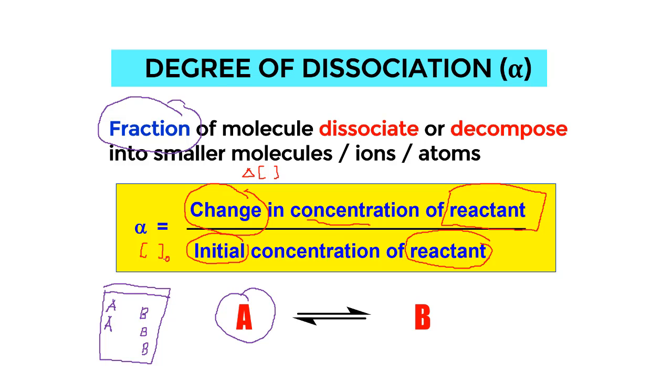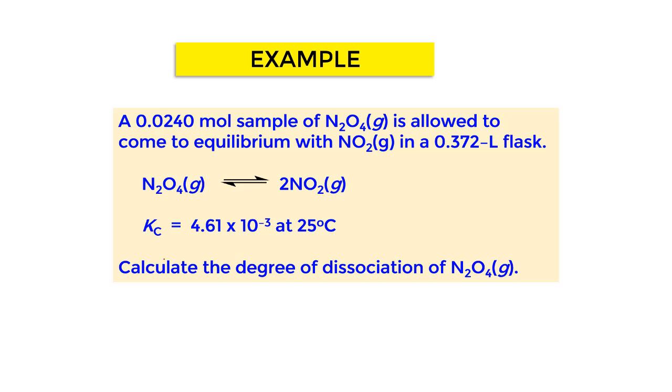Okay, so now look at an example here. Sebenarnya example ni saya dah send dalam grup kuliah yang saya suruh awak buat hujung minggu, suruh awak fikir-fikirkan. A 0.0240 mole sample of N2O4 gas is allowed to come to equilibrium with nitrogen dioxide gas in a 0.372 liter flask.